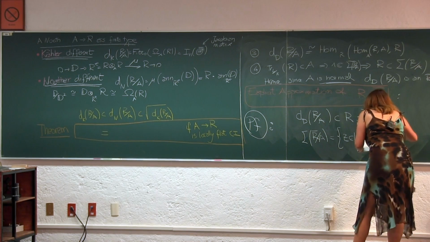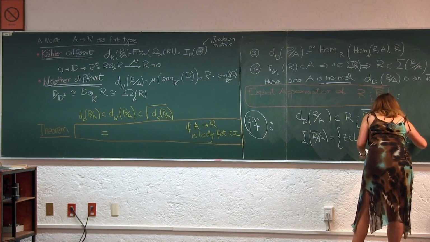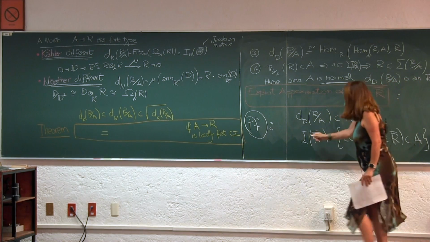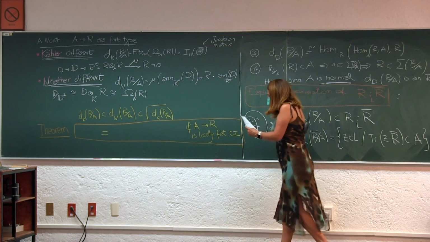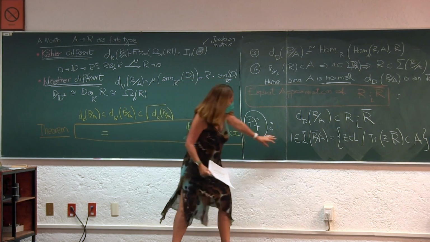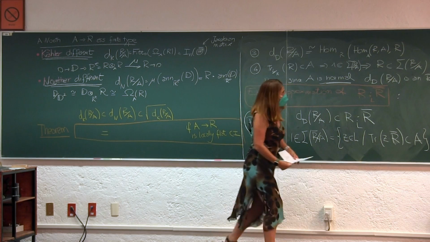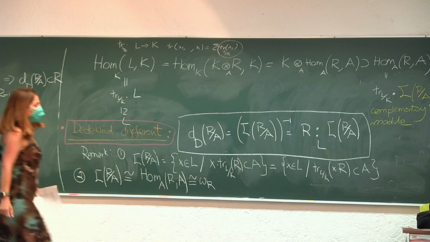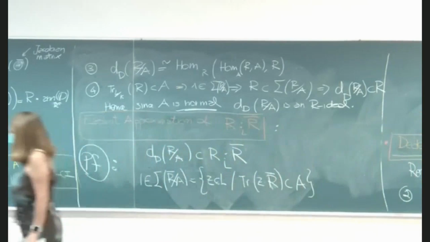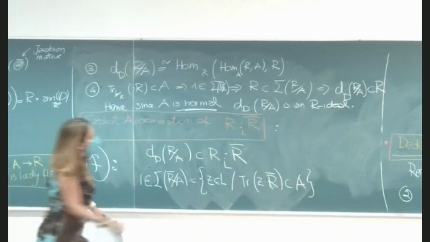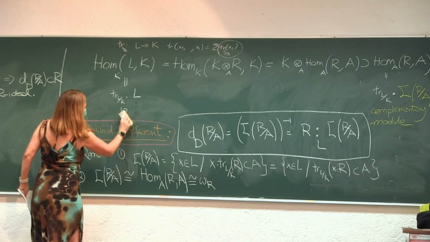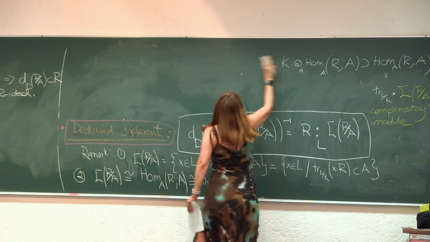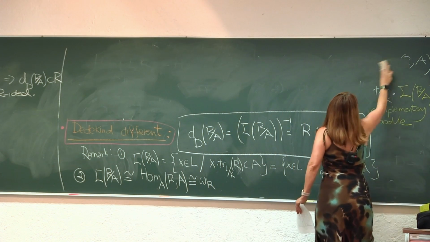So you consider the complementary module of R bar over A, which is simply the same kind of thing: the Z in L such that the trace of Z times R bar is in A. Okay? And again, A is normal, so 1 belongs to this, and so in particular, R bar is inside here.